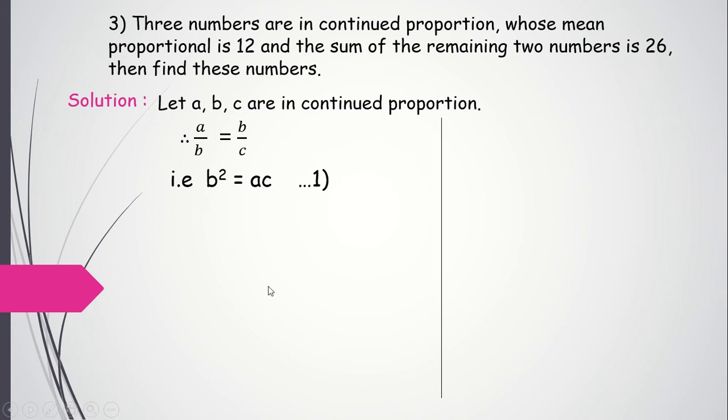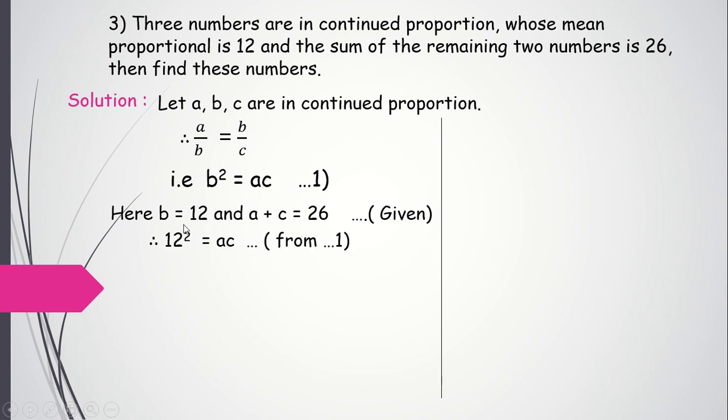So we know B square is equal to AC, then B is equal to 12 and A plus C is equal to 26. This is what is given in the question already. So we get 12 square. In place of B we have put 12. Already it is given in the question. So we get 12 square is equal to AC.